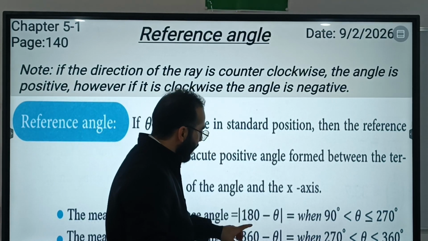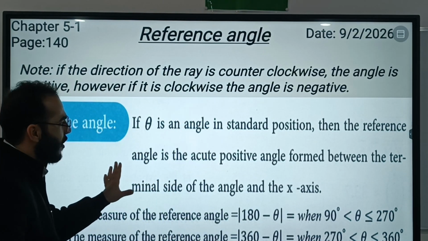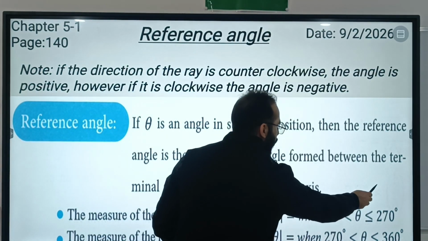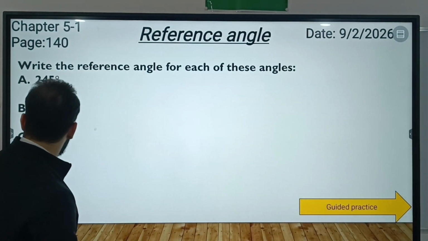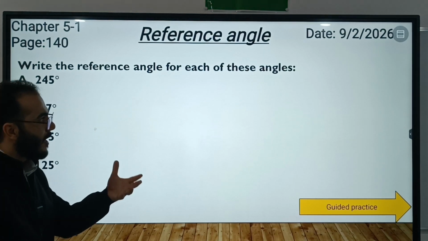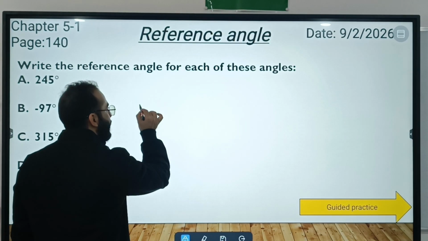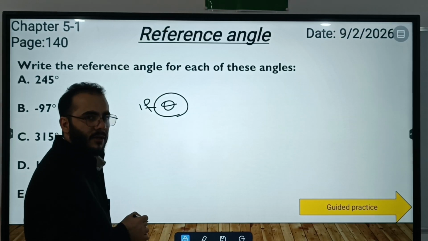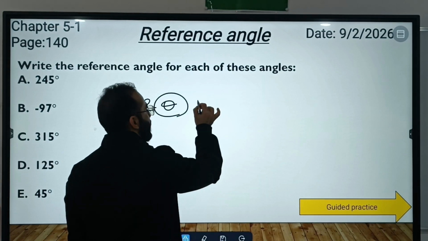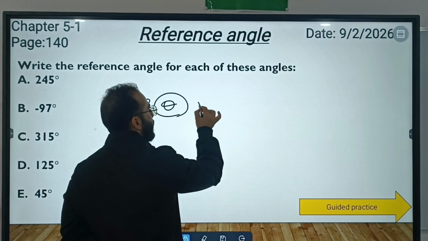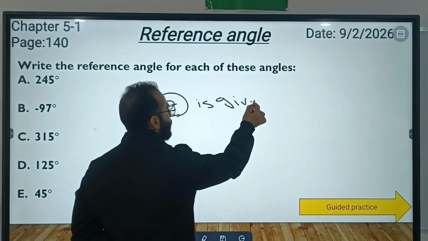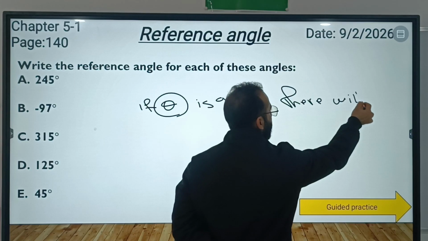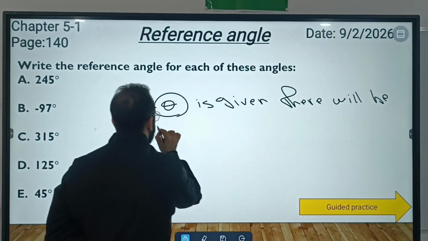All right. So regarding the reference angle, these notes are important. You can just write it down, but I will make it more clear by going through the questions. This is my own explanation. So, if theta, we call this letter theta, it's a Greek letter, is given, there will be two cases.